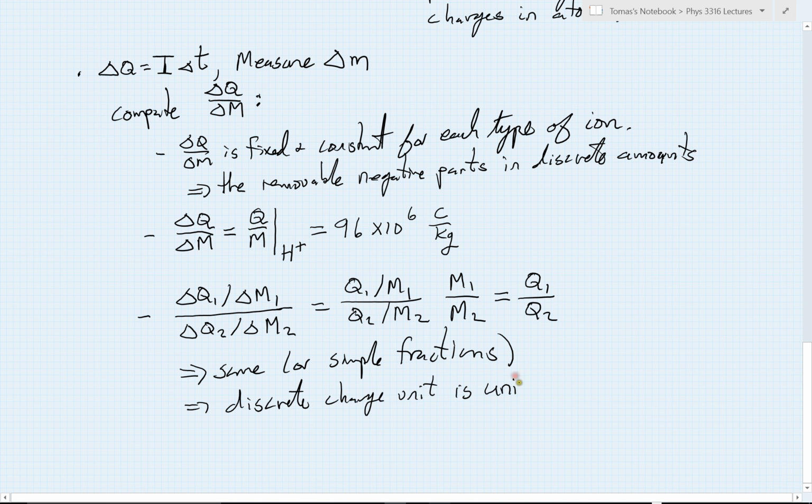So it seems like it's some universal type of negatively charged unit that can be removed from any atom. It's the same for all atoms.